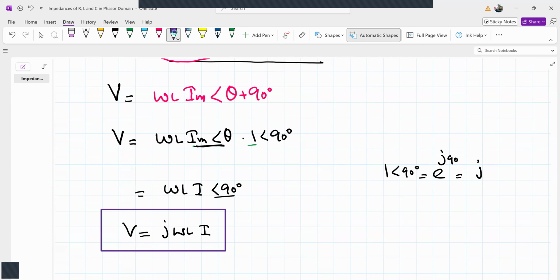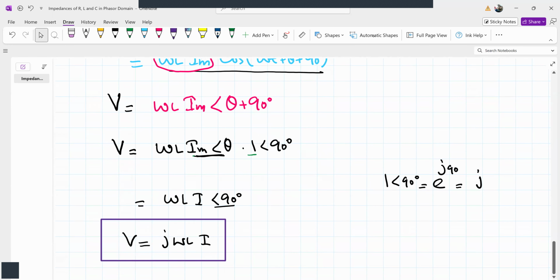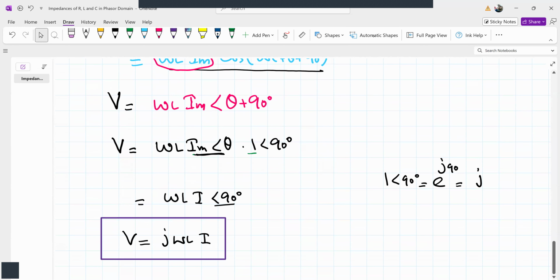All right, so first of all, what is the relationship between V phasor and I phasor? V is related to the I phasor by this expression. What is the meaning of this? In this equation, the voltage leads the current by 90 degrees.